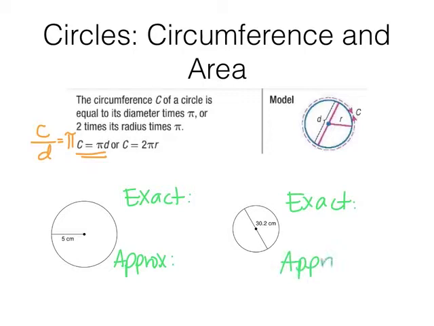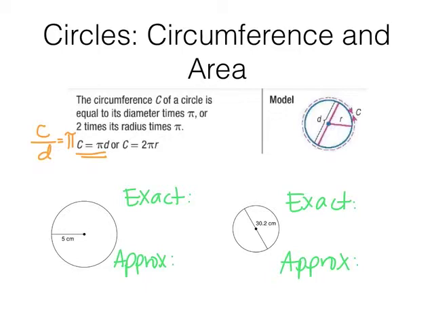Well, as soon as you use a pi button on your calculator, or put in 3.14 and substitute that for pi, you have immediately turned your answer into an approximation, because pi can't be given exactly. That's the nature of an irrational number. You can't give the value of pi exactly. It's just not possible because it's an irrational number.